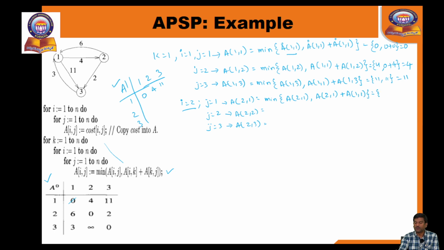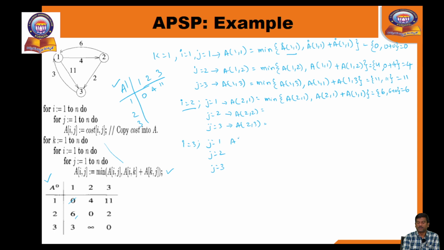That is the minimum of A of 2, 1, which is equal to 6, comma, A of 2, 1, which is equal to 6 plus 0, that will be equal to 6. So in the same fashion, you'll be finding A of 2, 2 and A of 2, 3. And similarly, when the value of i is equal to 3, you'll be finding j equal to 1, j equal to 2, and j equal to 3.